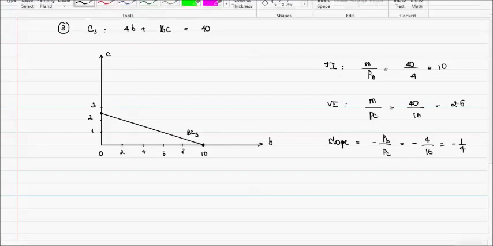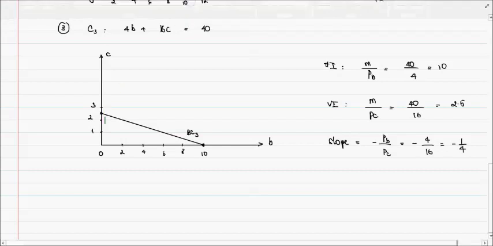I will use the green color to highlight this area, which is the triangle just below the budget constraint. This is my budget set 3. Sorry, I'll call this B3.